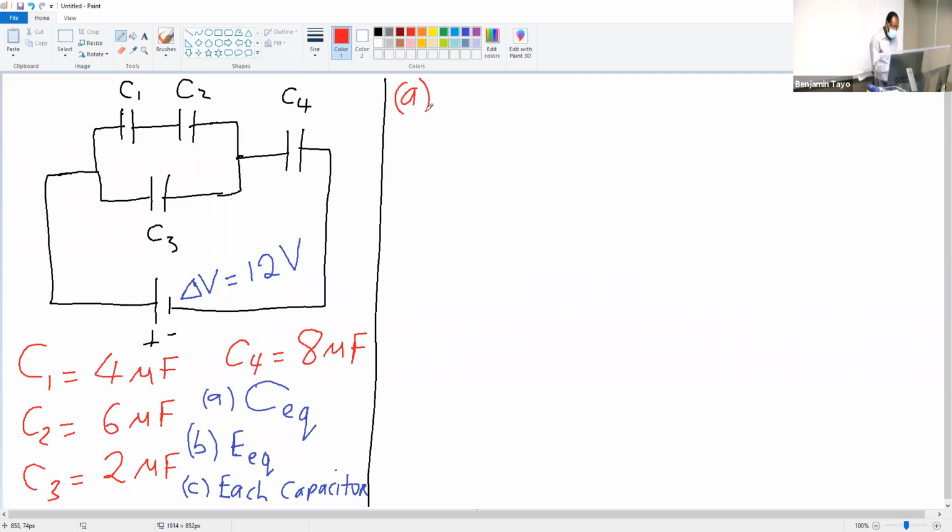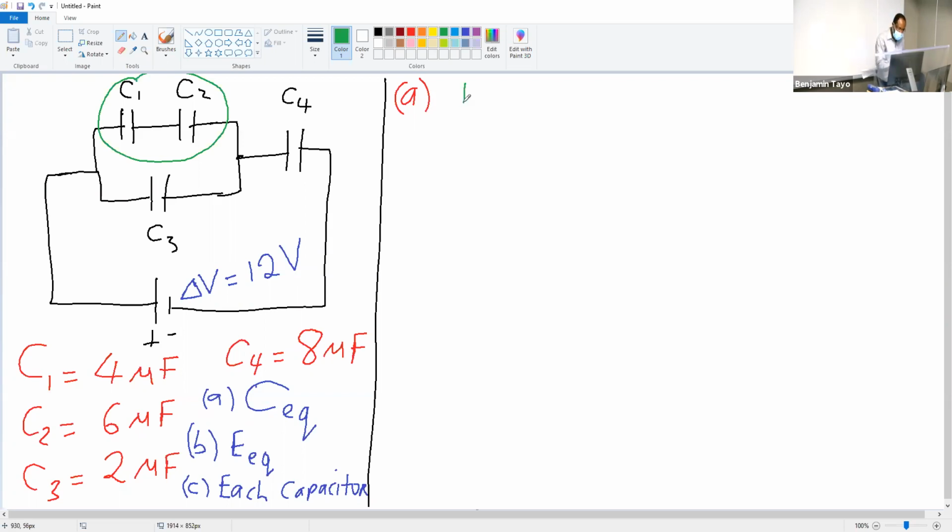So let's start by looking at these two here. Let's combine C1 and C2.